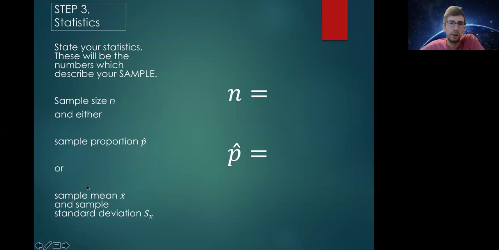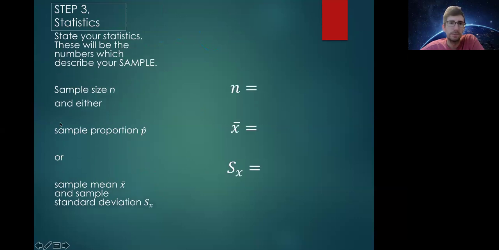Or in our test for a mean, we'd have a sample size, a sample mean, and a sample standard deviation. So basically, we should be able to pull these out from the questions also. And we just want to write them all down. We'll need them for our test to calculate the z-score or the t-score.